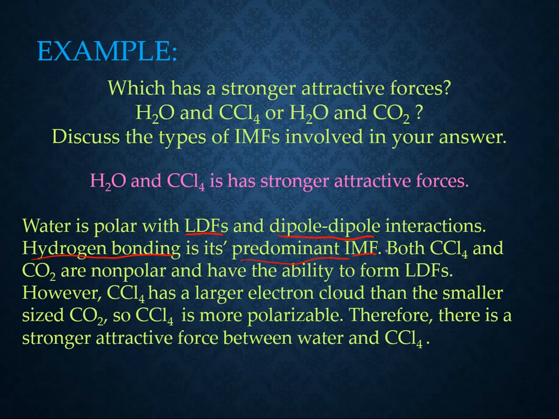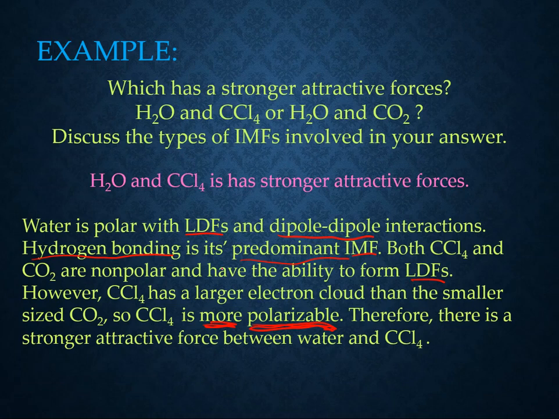Both the carbon tetrachloride and carbon dioxide are nonpolar and have LDFs, London dispersion forces. However, the carbon tetrachloride has a larger electron cloud than the smaller carbon dioxide. So it's more polarizable, and I can't underline this enough. This is a specialized term that needs to be in the answer: more polarizable. Therefore, there's a stronger attractive force between the water and the carbon tetrachloride.